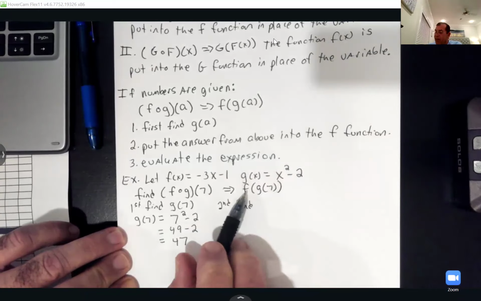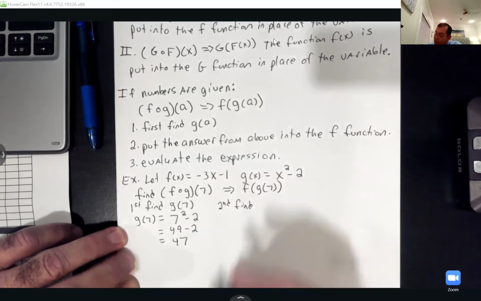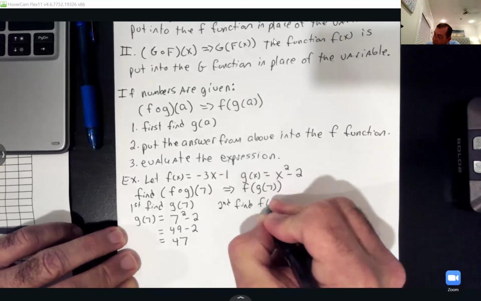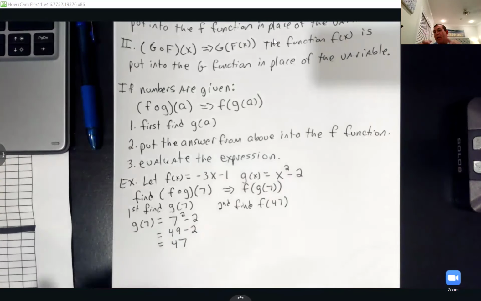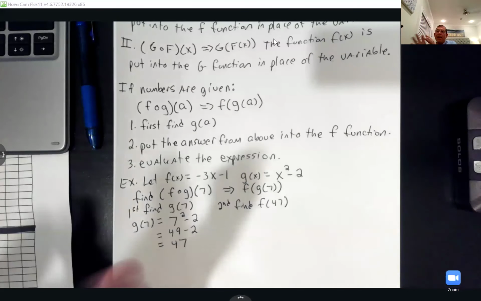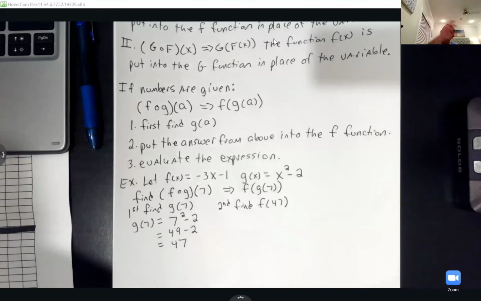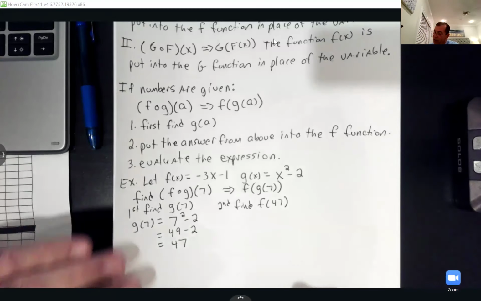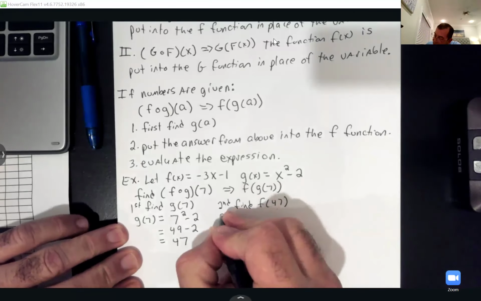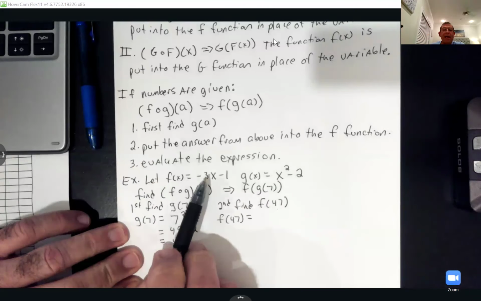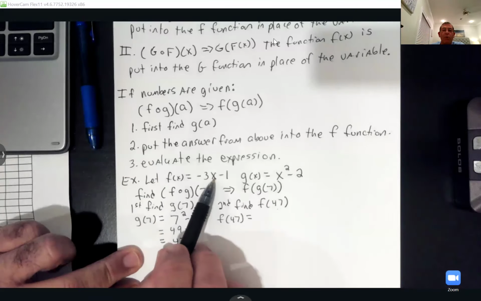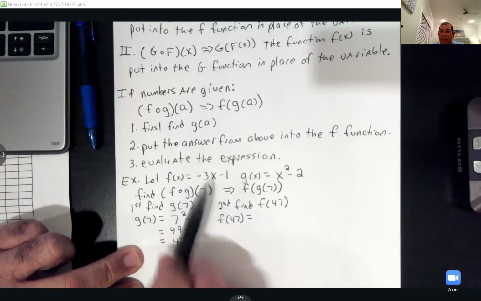So now that we got 47 out of the g of 7, the second thing we do, we're going to find f of that 47. So it's like you're substituting that number twice. You're plugging it into the first equation, getting that answer, and plugging it into your second equation. So we need f of 47. That'll be my f equation, and I'm going to put a 47 in for that x.